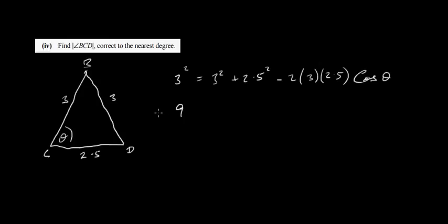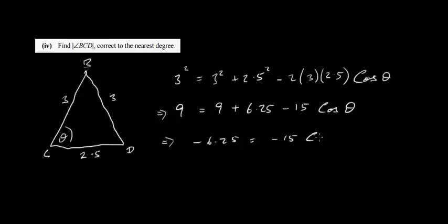So we've got 9 is equal to 9 plus 6.25 minus 15 cosine of theta. Okay, so look, you end up with 9 over here, that will just give me 0. I'll then bring this over as well. I get minus 6.25 is equal to minus 15 cosine theta. So that will give me cosine theta is equal to 6.25 over 15.